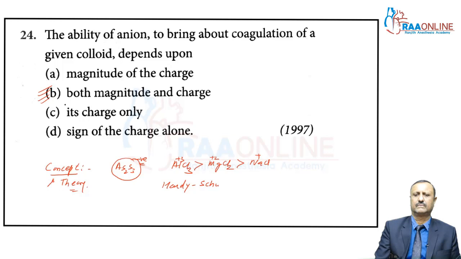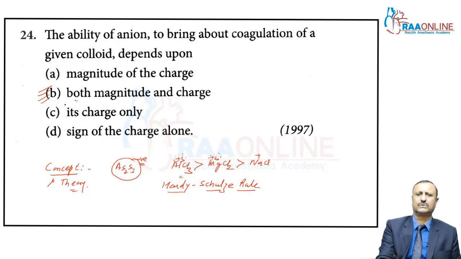According to the Hardy-Schulze rule, colloidal particles are neutralized or coagulated by the addition of electrolytes, and those electrolytes in which the magnitude and number of opposite charges are maximum are more effective than those electrolytes in which the magnitude and charges are less.